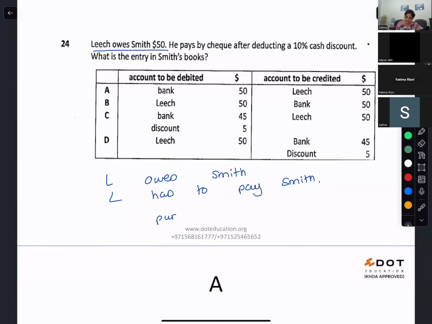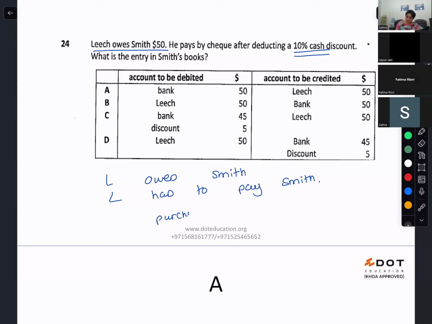He pays by check after deducting a 10% cash discount. That means Leach has received a discount. How much? 10% of 50 is 5.